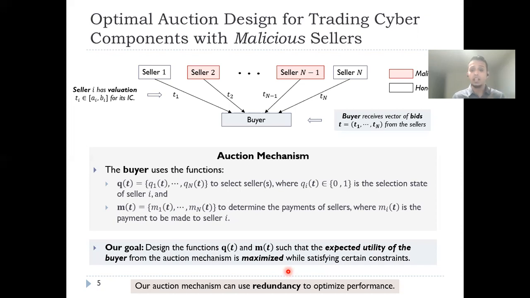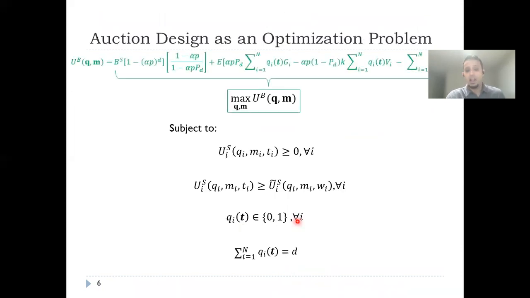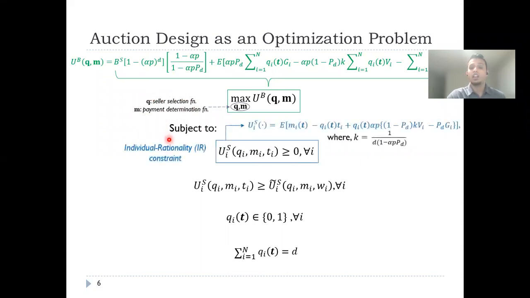So let's see our optimization problem. As I just explained, the buyer's goal is to maximize the expected utility under Q of T, which is which sellers to choose, the selection state, and how much payment to make. And it is subject to certain constraints.